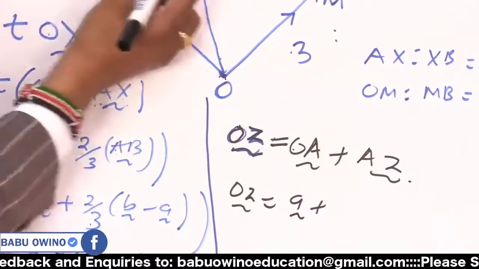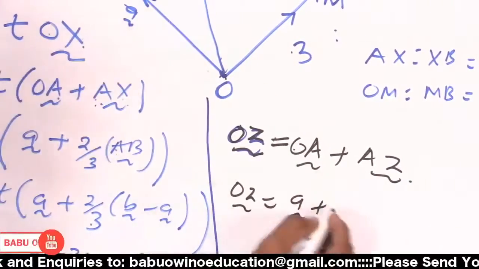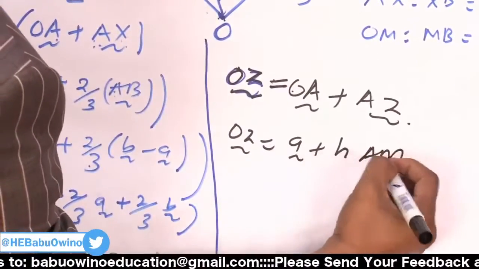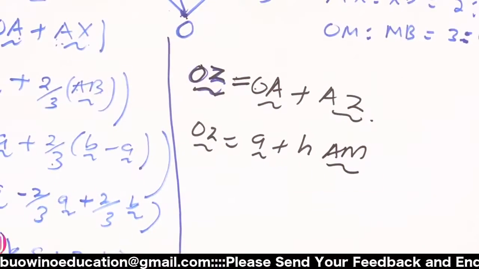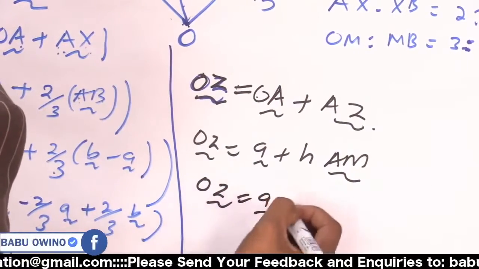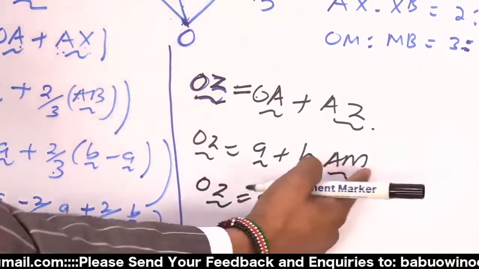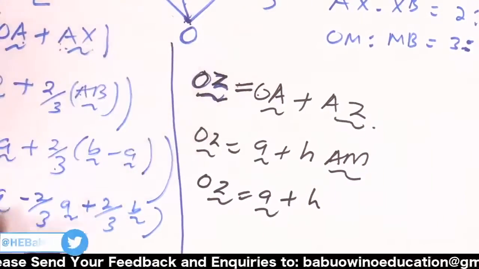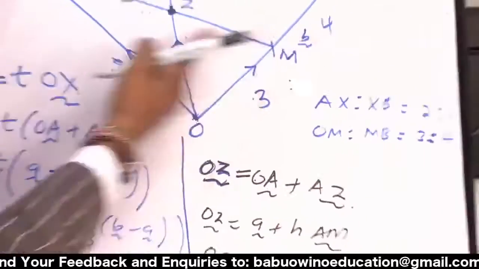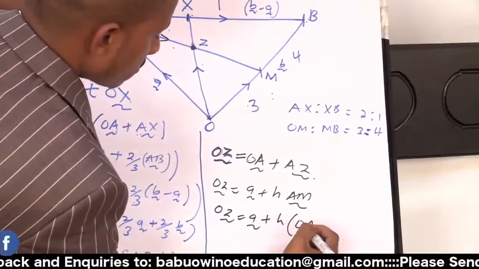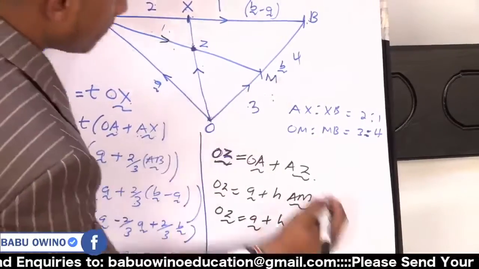What is AZ? AZ is also a scalar H of AM. So OZ equals A plus H of AM. But what is AM? AM, you get it by AO plus OM.